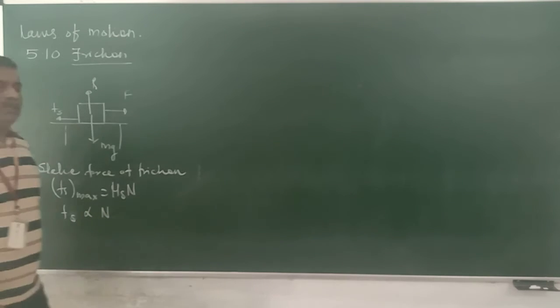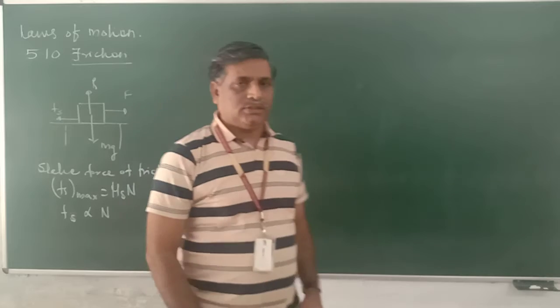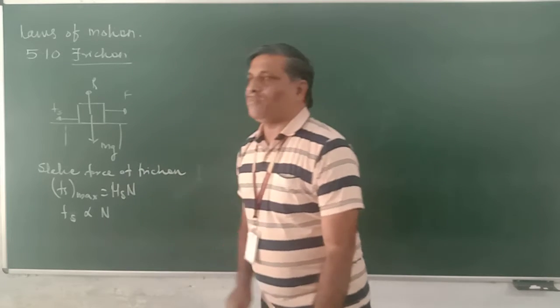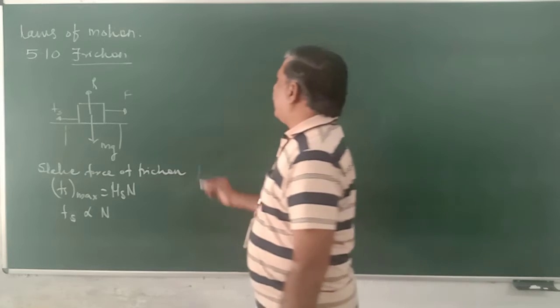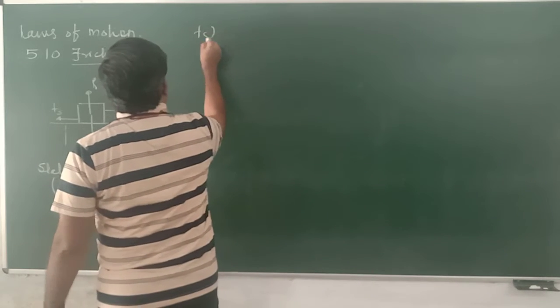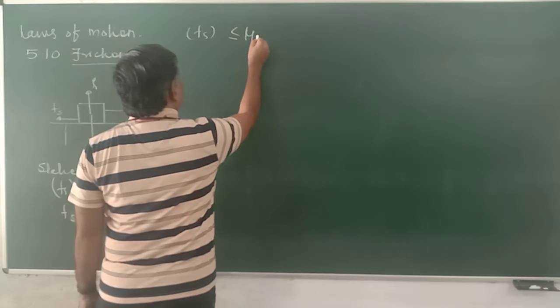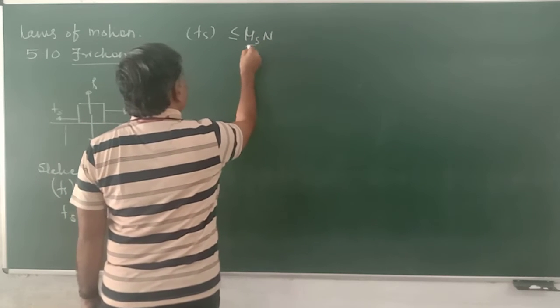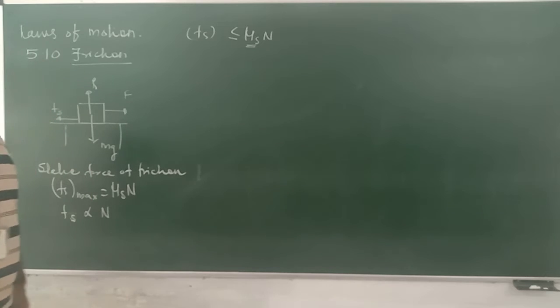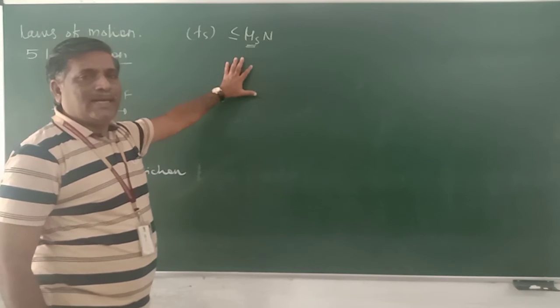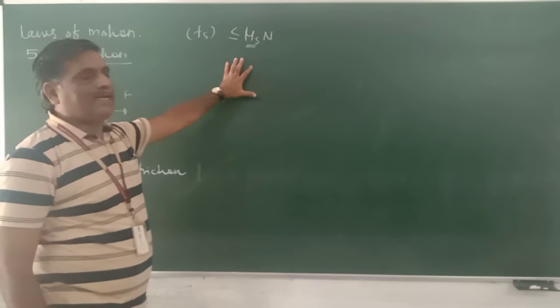This is the law of static friction. The force of static friction is directly proportional to the normal reaction. So again, the force of static friction is equal to or less than this. This mu s is called the coefficient of static friction.